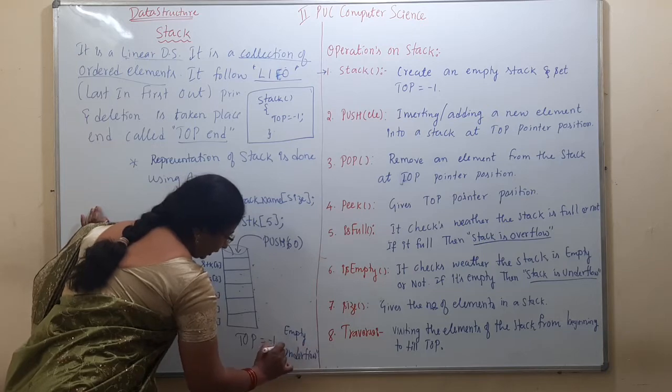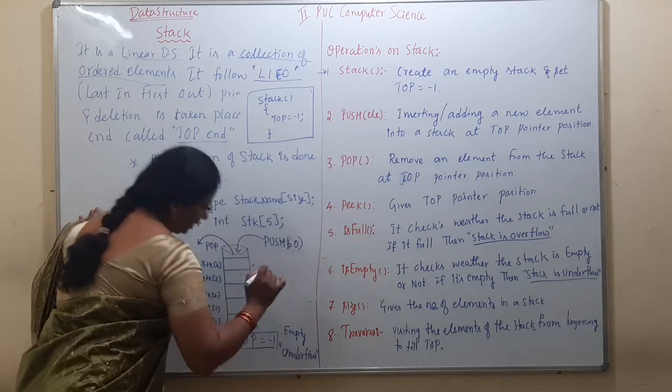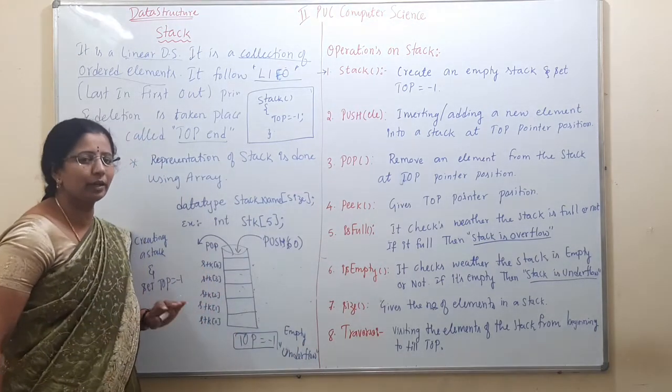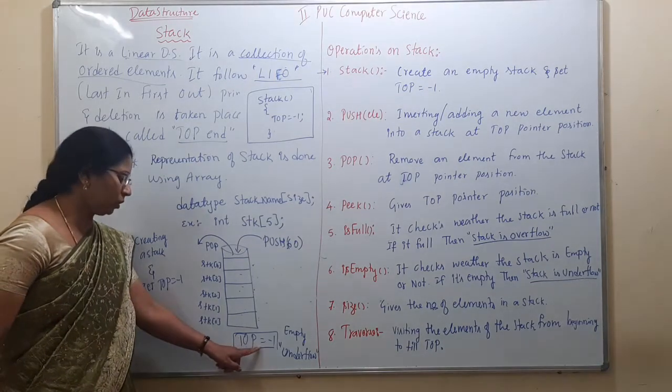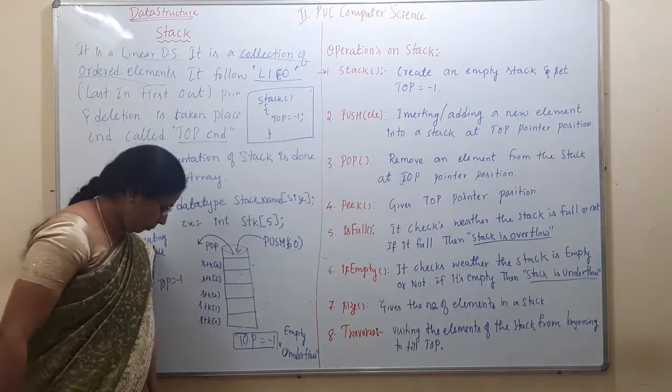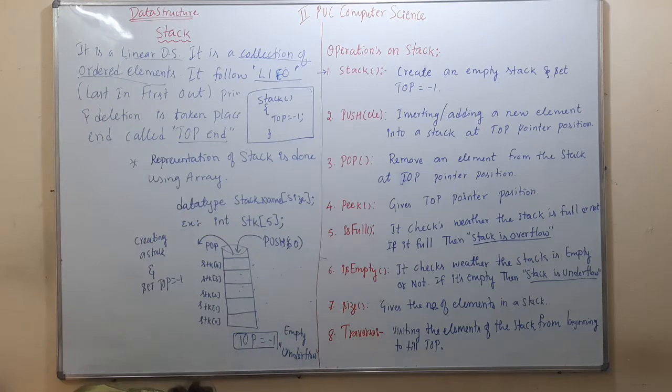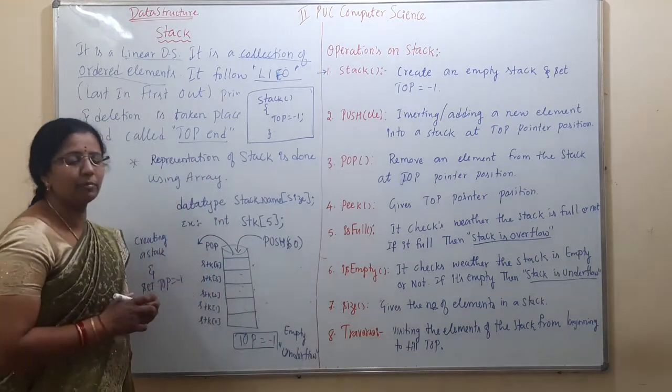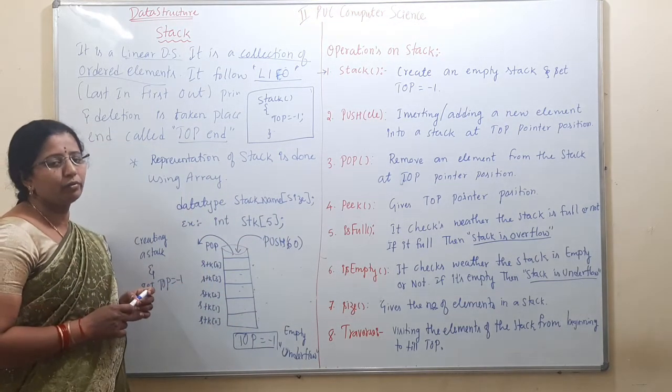When the top pointer reaches -1, not n minus 1, sorry, top pointer equal to -1, then the stack is empty. Display the message called underflow.